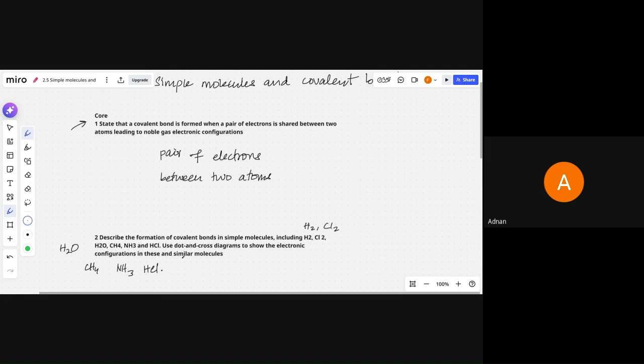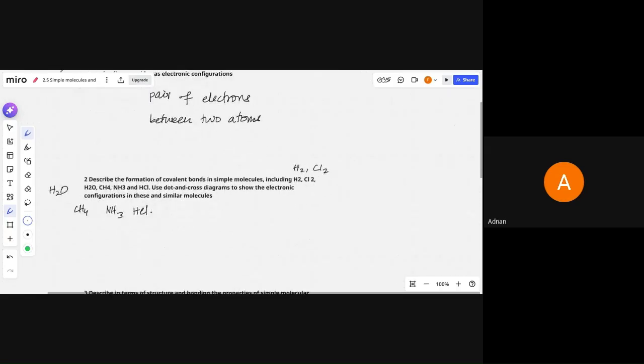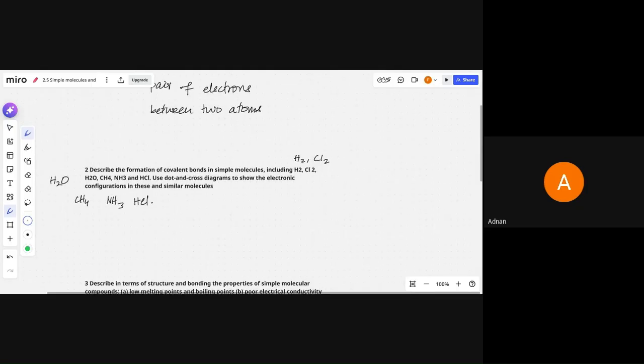And use dot and cross diagrams to show the electronic configurations in these and similar molecules. So now, how do we draw dot and cross diagrams? This is a topic which confuses most students. So let's take a look at how we draw these dot and cross diagrams.